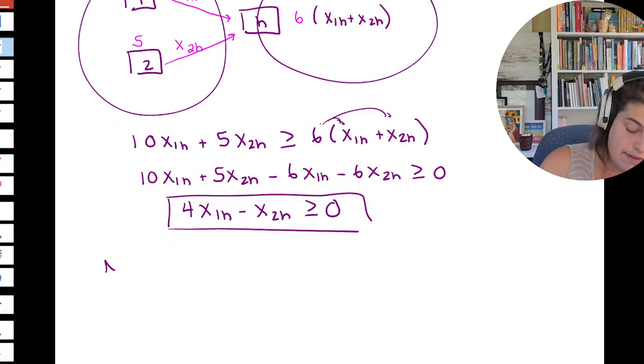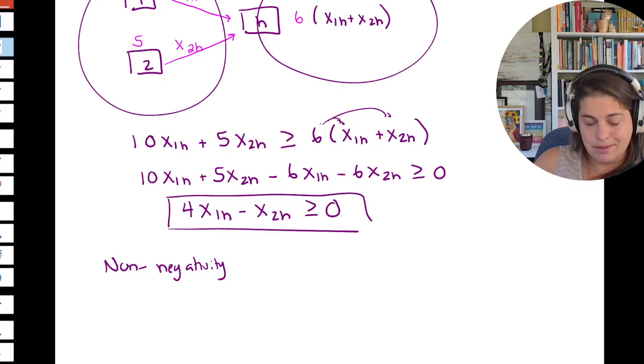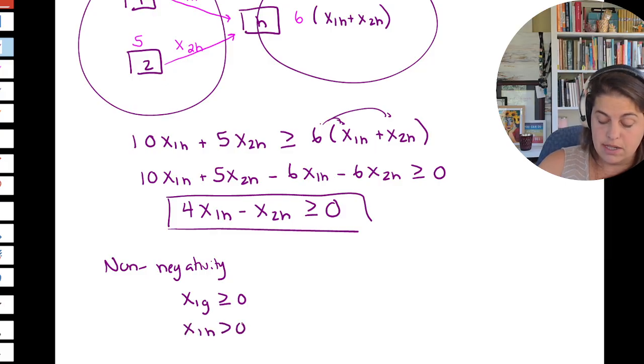And then I need my non-negativity, where I'm just going to say, well, you can write them each out. They all have to be greater than or equal to 0.